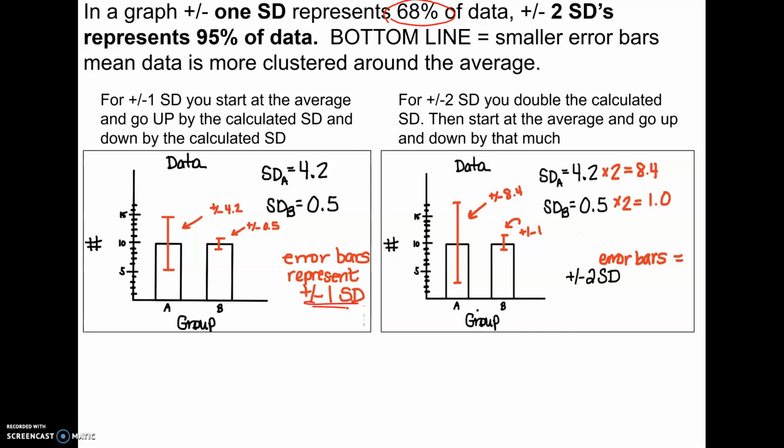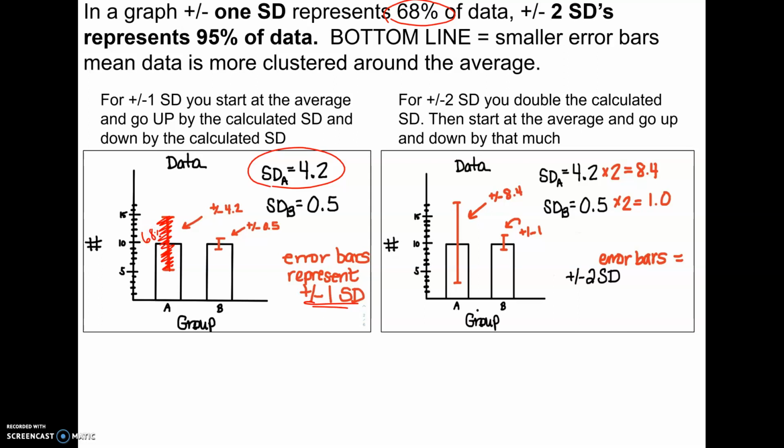What I did was I took my standard deviation, it was 4.2, this is from the previous slide, for data set 1, and I go from my average up 4.2, down 4.2, and that is 1 standard deviation, meaning that 68% of my data should lie within those error bars.